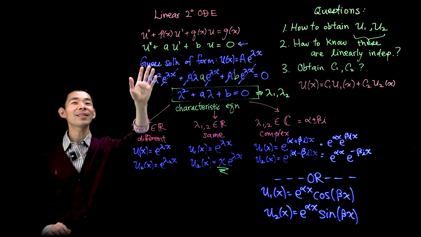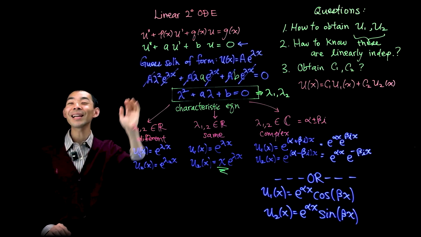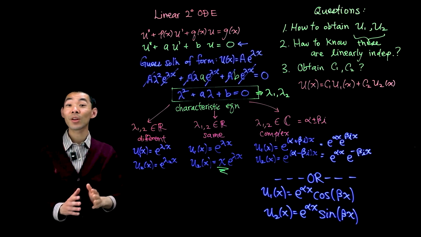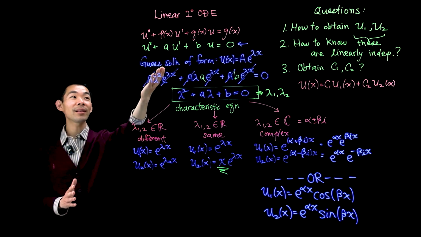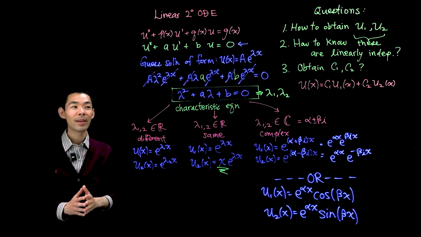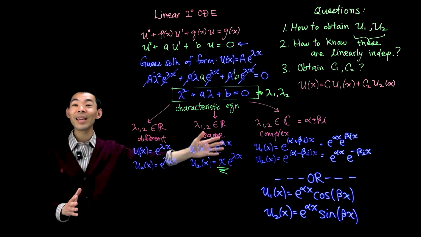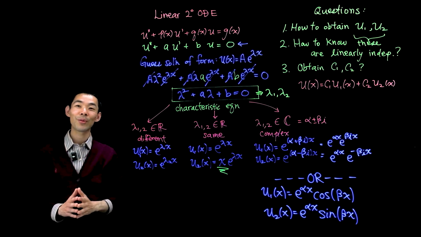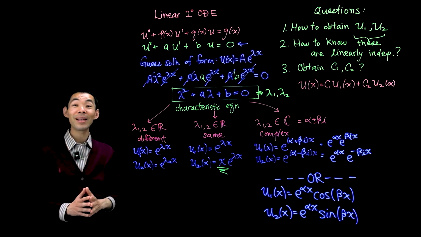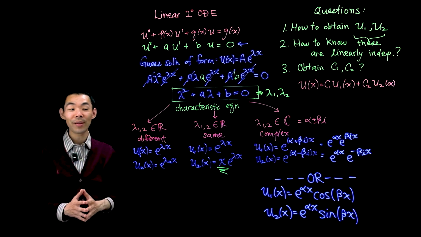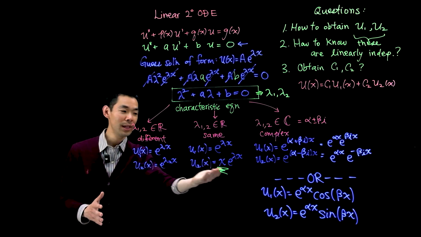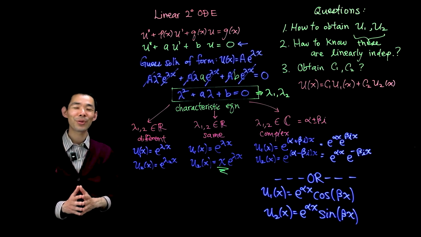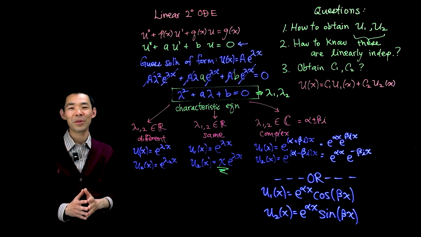For constant coefficient linear second order ODEs, you write down your characteristic equation after making a guess of an exponential form. You have 3 different cases of what lambda 1 and lambda 2, the roots of your characteristic equation, can be. And depending on the nature of those values, you have 3 different possible solutions to your equation.